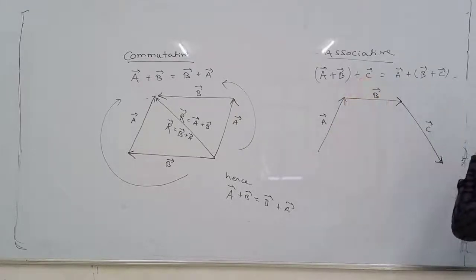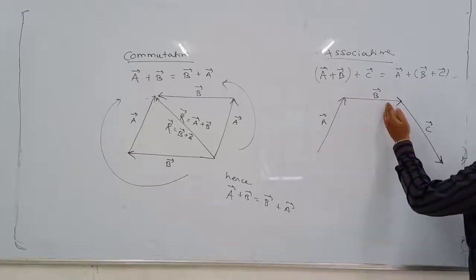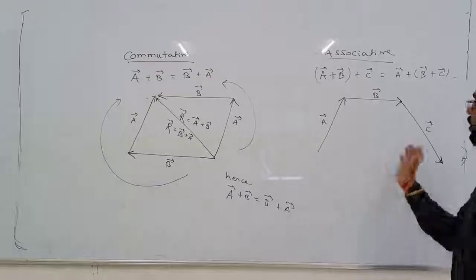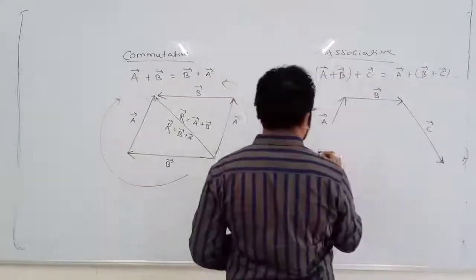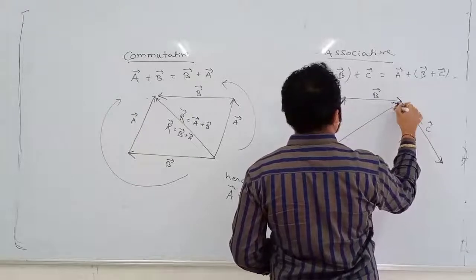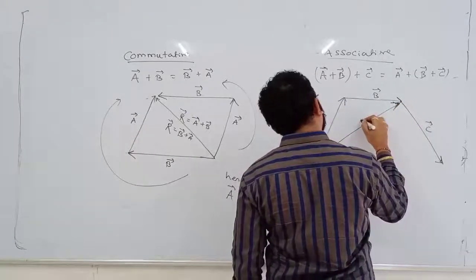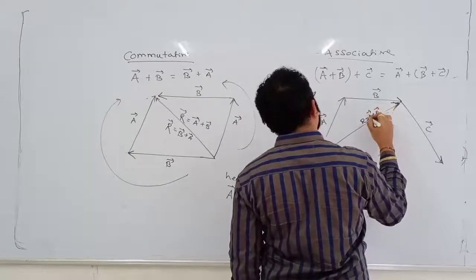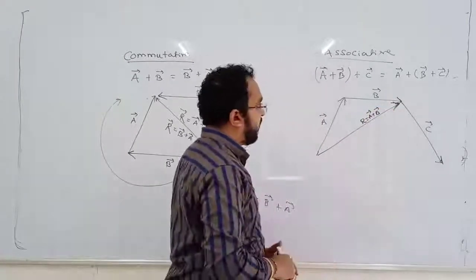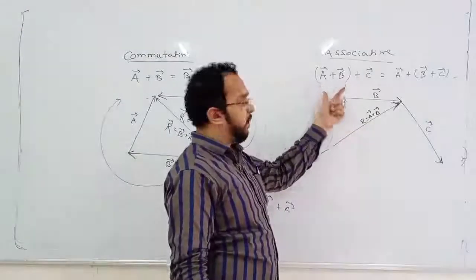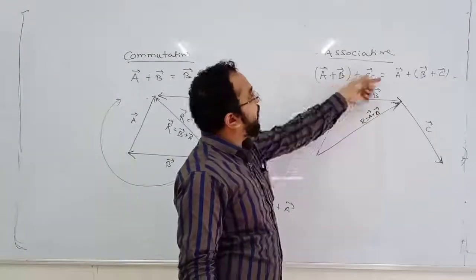Vector A plus B, right? How is the tail-head? Clockwise. The resultant is anti-clockwise. So this is the resultant. What is the name of this resultant? A plus B. Now this is A plus B, the new vector A plus B, and then A plus B plus C.